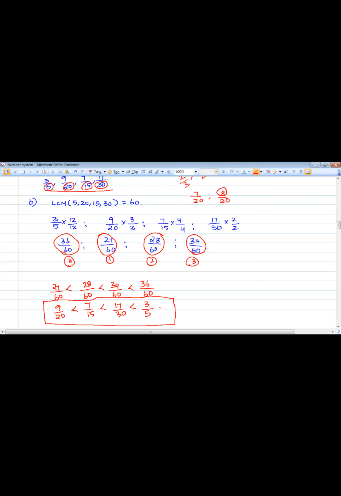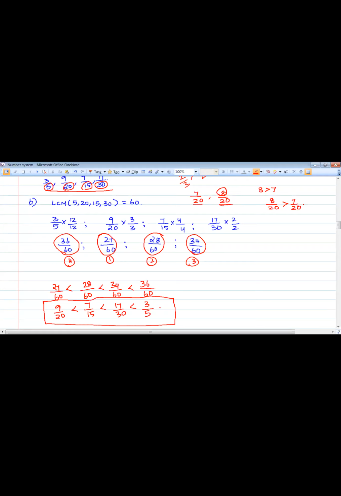Why can we say 8 by 20 is the greatest one? Because both denominators are the same. When we compare the numerators, 8 is greater than 7. So that's why 8 by 20 is greater than 7 by 20. From this you can understand one thing very clearly. If we need to compare 2 fractions, then we need to have the denominator as the same number.